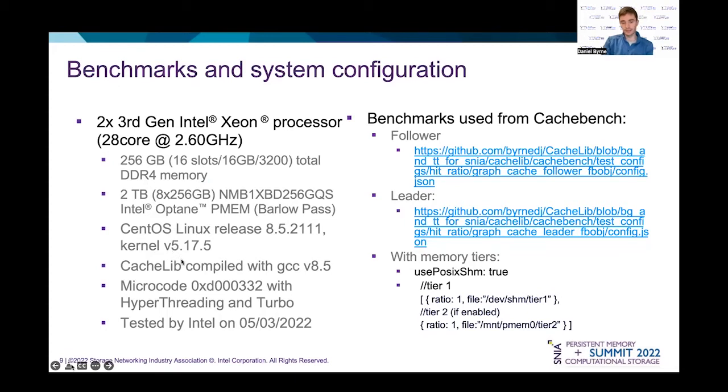We compile CacheLib with GCC version 8.5, and we enable hyperthreading and turbo. I've also pasted here our benchmarks for both the follower and the leader used from CacheBench. So CacheBench is the benchmarking application for CacheLib that's included in the repository as well.